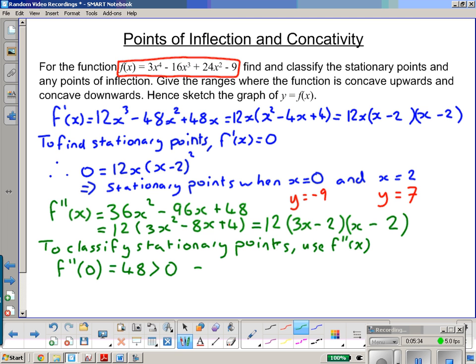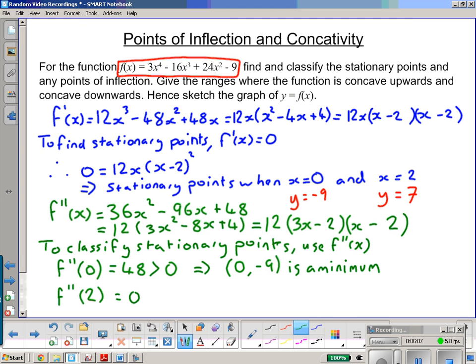And that implies that the point 0, minus 9, since it was bigger than 0, is a minimum. And we do the second point, we get f double dashed of 2 as our second x coordinate of a stationary point. We put that in and we get that's equal to 0.